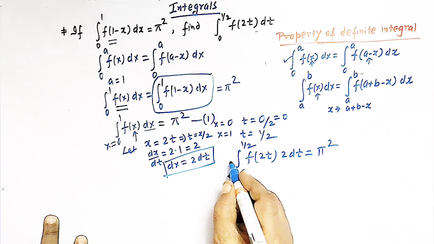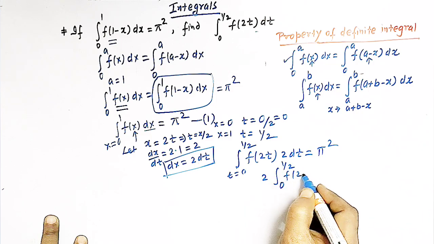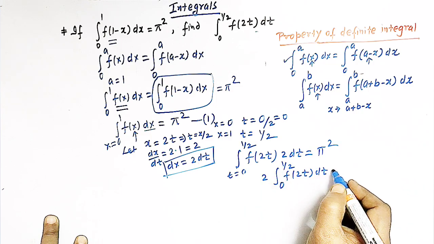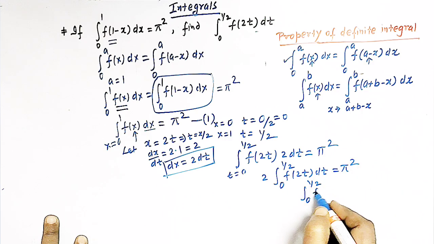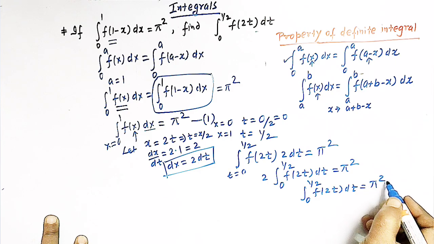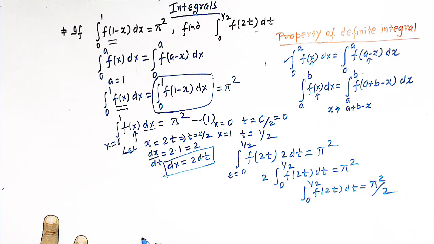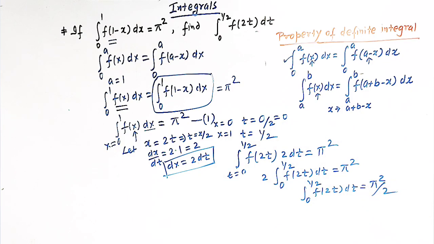Taking 2 outside the integral, we have 2 times the integral from 0 to half of f of 2t dt equal to pi square. So the integral from 0 to half of f of 2t dt is equal to pi square over 2, right? So the value of this integral is pi square over 2.